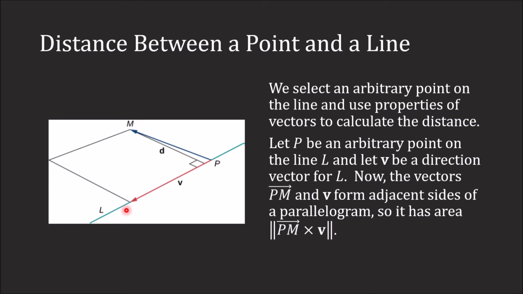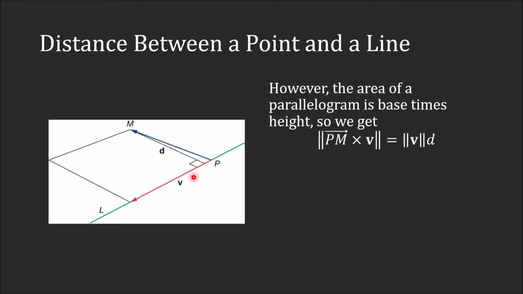Now, the vectors PM and V form adjacent sides of a parallelogram. And as we saw, that's going to have the area magnitude of PM cross V. But the area of a parallelogram is simply base times height.